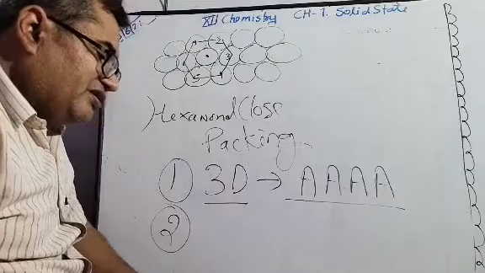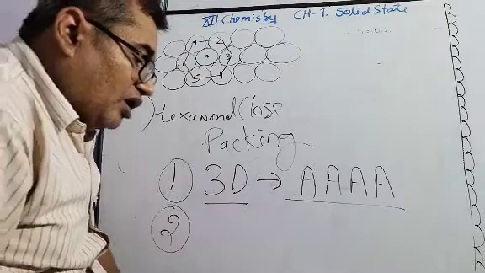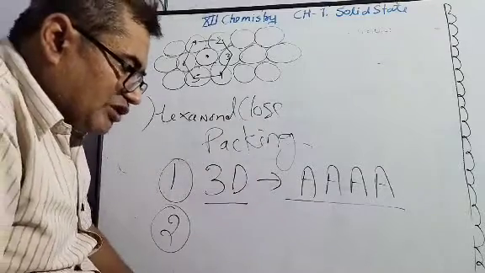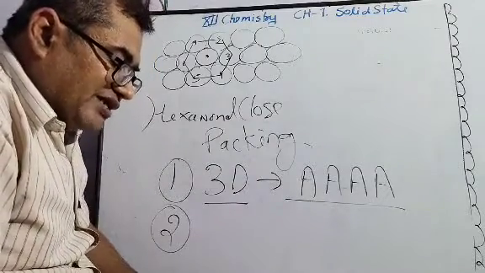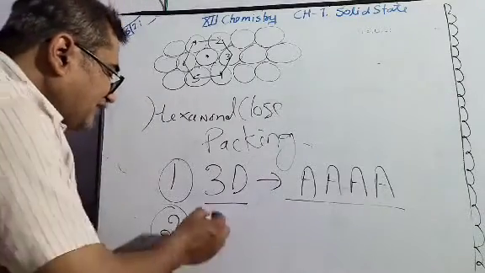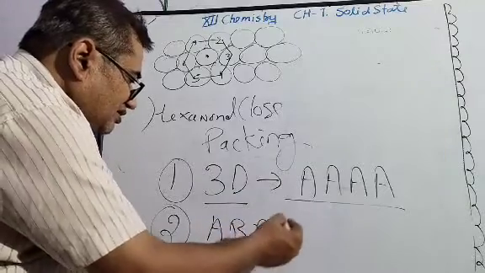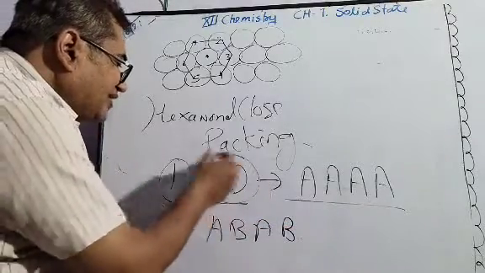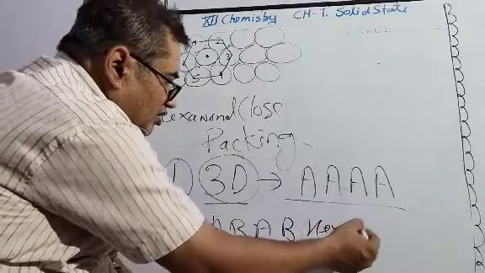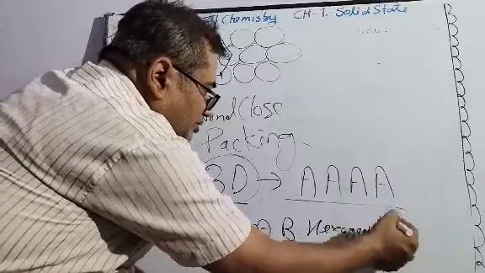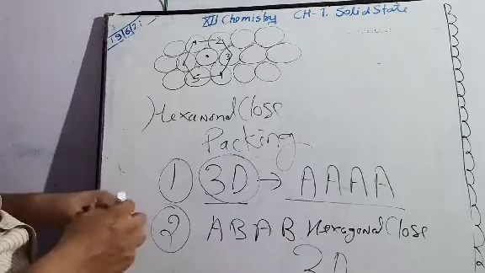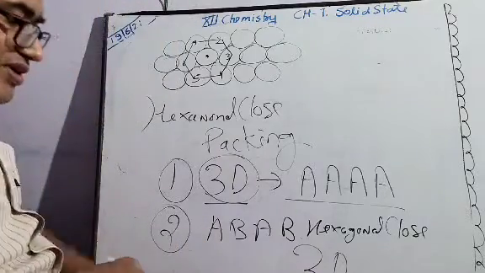But in 3D structure, 2-dimensional hexagonal packing converts into 3D hexagonal close packing, which forms an AB type. So this is the square close packing in 3 dimensions, and this is the hexagonal close packing in 3D, which makes an AB pattern.